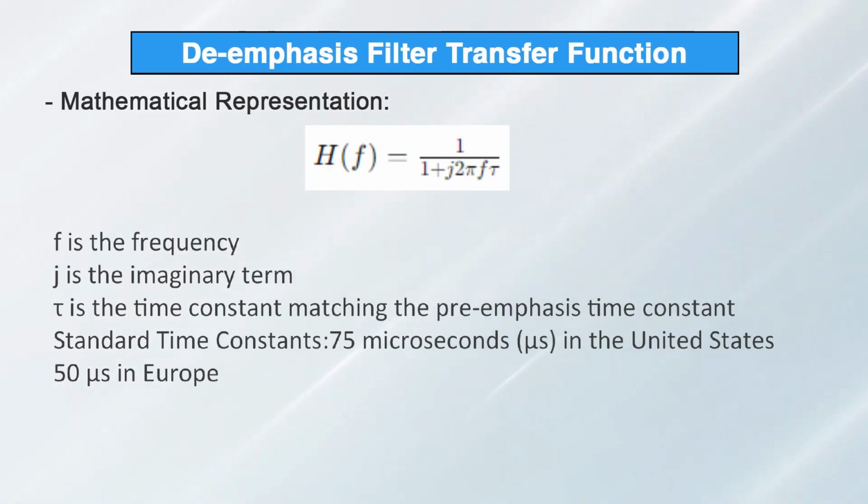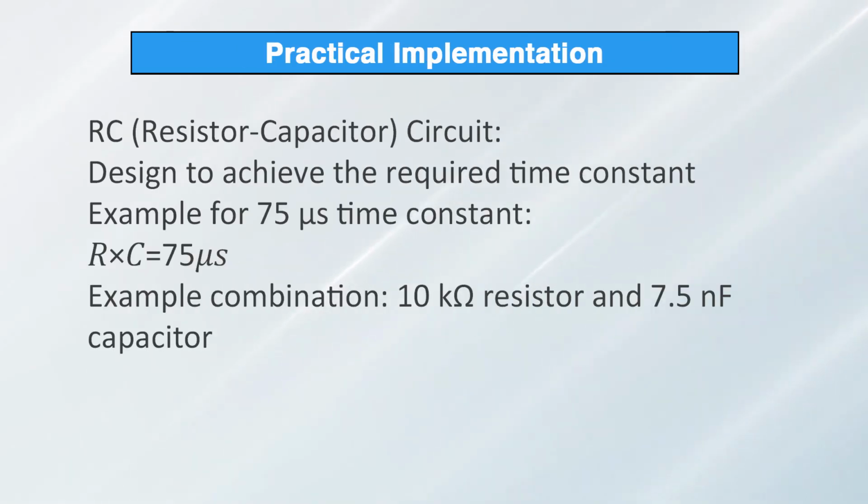The standard time constant for de-emphasis in FM broadcast is around 75 microseconds in the United States and 50 microseconds in Europe. In practical terms, the de-emphasis filter is usually an RC, resistor capacitor, circuit designed to achieve the required time constant. For instance, to implement a 75 microsecond time constant, one could use a resistor R and a capacitor C such that their product R times C equals 75 microseconds.